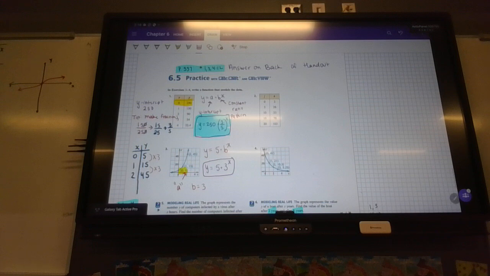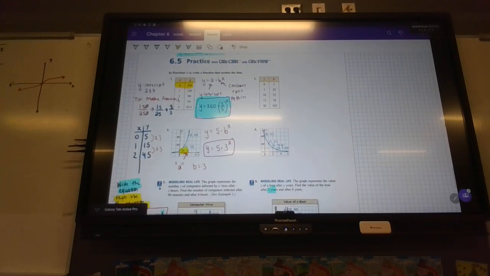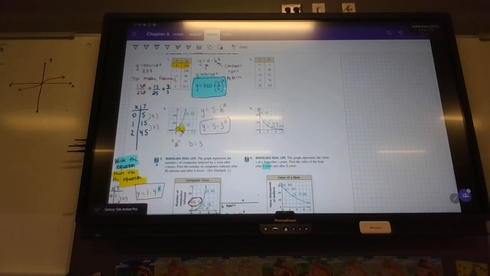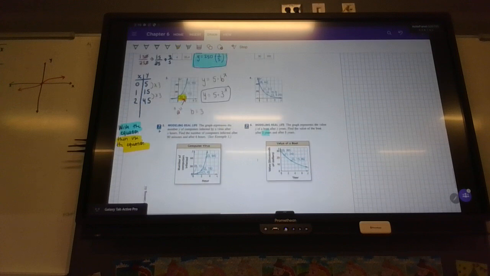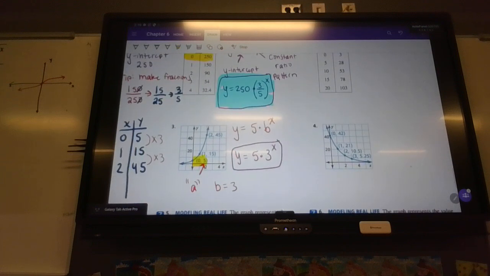Go ahead and try number 4. There you go. Y-intercept, the a value.